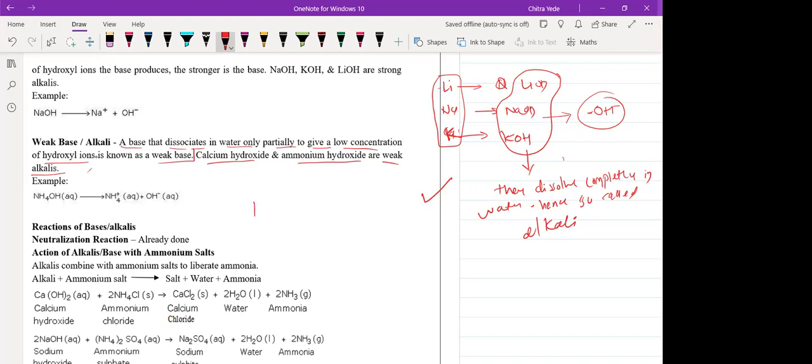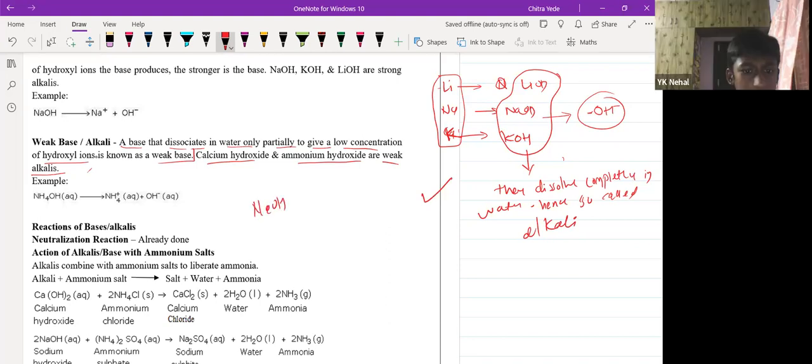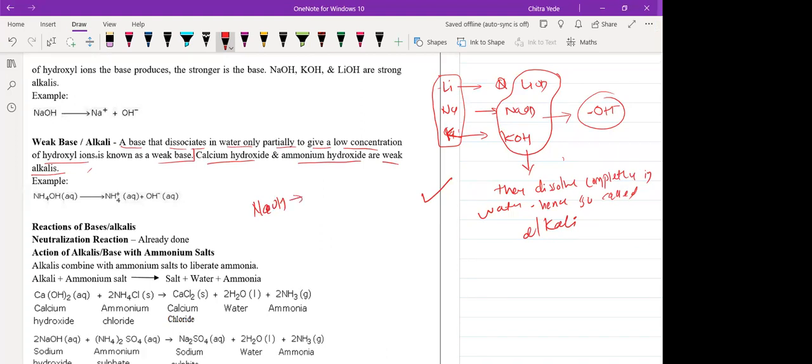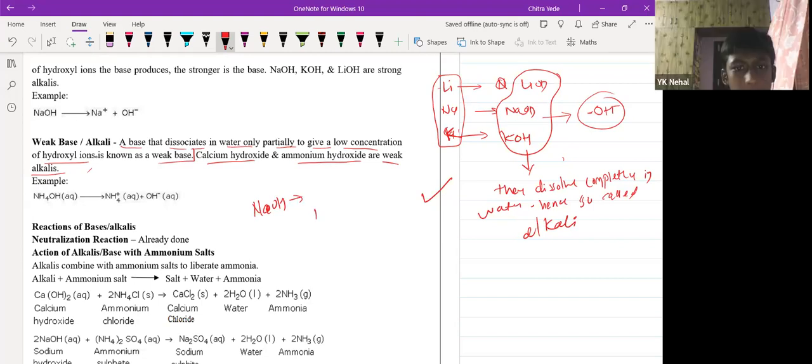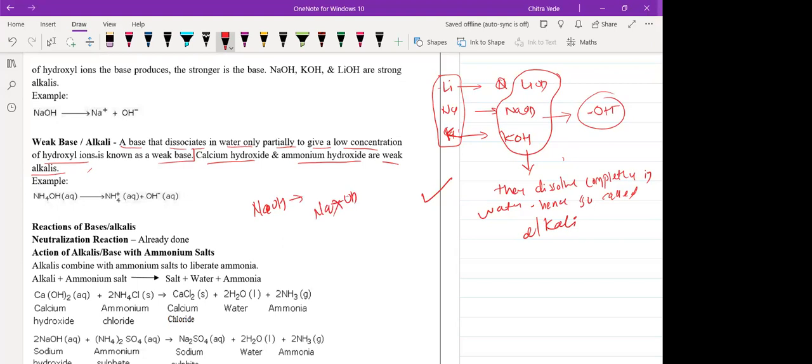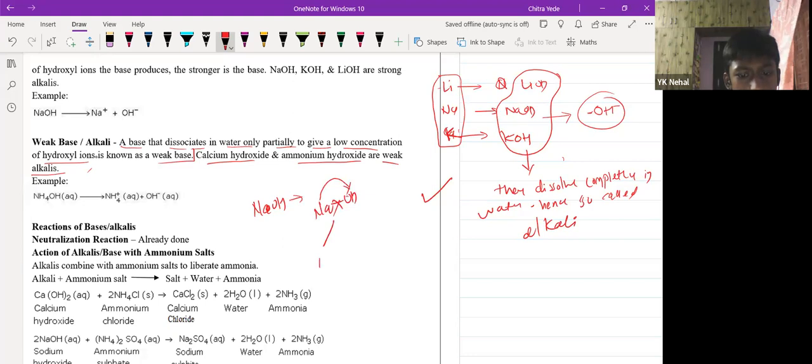See, we have NaOH. When it dissolves in water, the bond breaks, and the OH attracts the electron of sodium towards it.